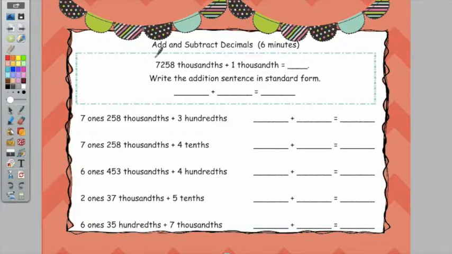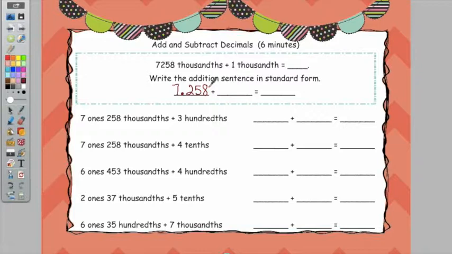Remember I said 7,000 thousandths would be 7 whole? So that gives me this much information, doesn't it? Where did I put the 258? Behind the decimal. So 7 and 258 thousandths.